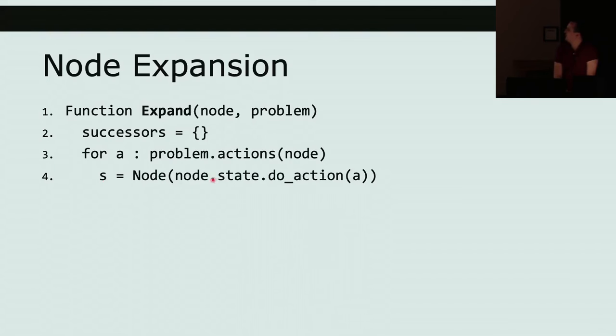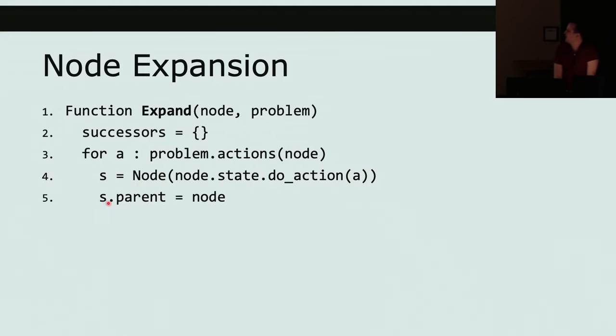We're going to take the state of the node and do the action A at that state. Then we'll create a node of the resulting state, and that's eventually going to be added to the successors. So this S is going to represent the next node.